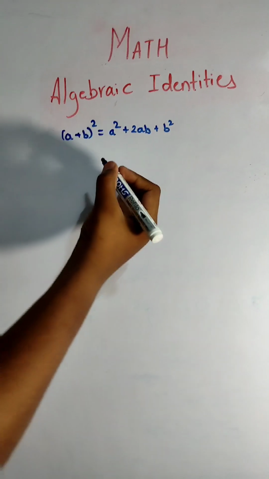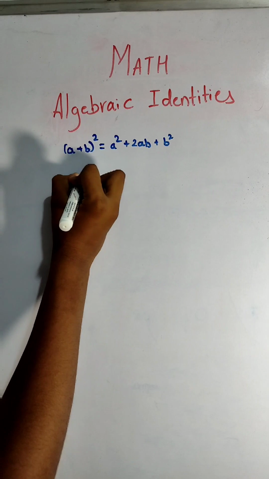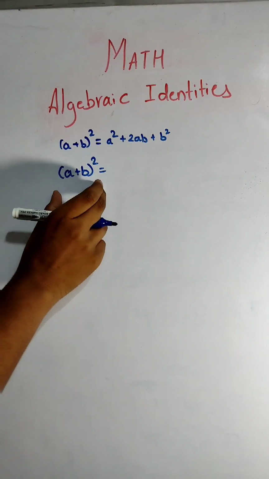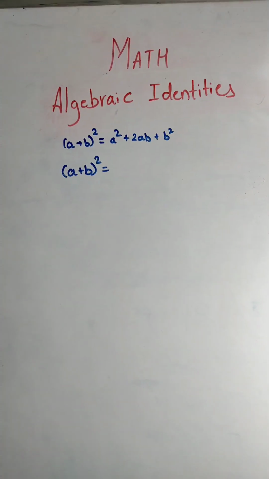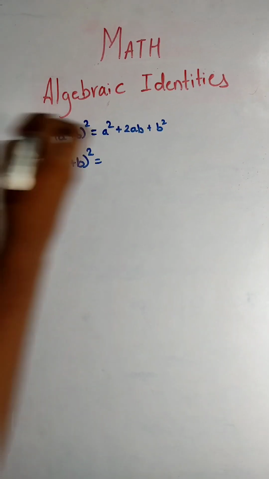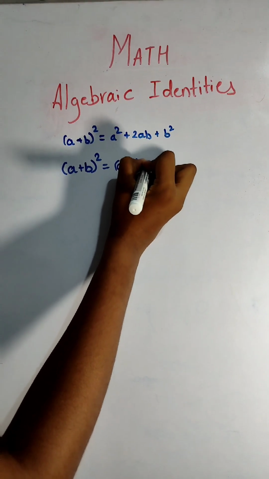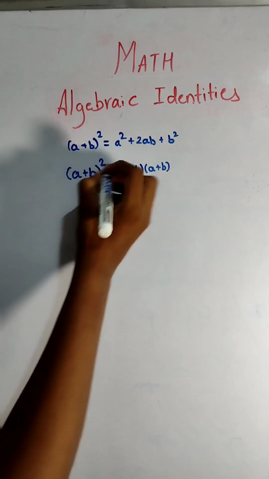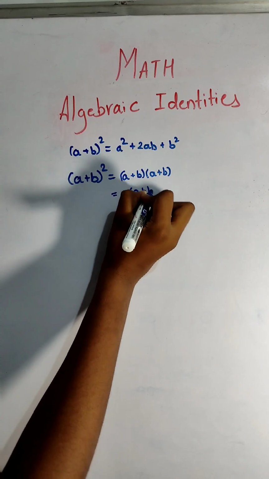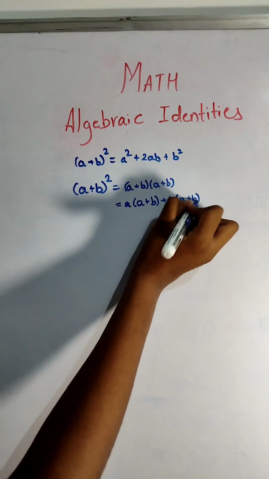Let's see how we can prove that this identity makes sense. We've learned how to multiply two binomials, and in this case we are doing the same thing. We are just multiplying (A plus B) by itself. This can be written as A into (A plus B) plus B into (A plus B).